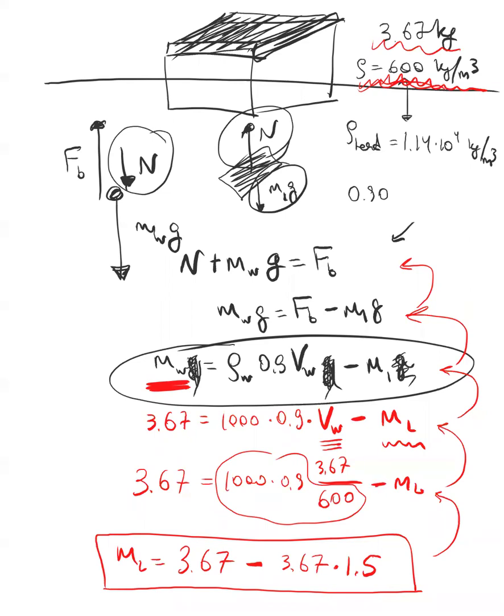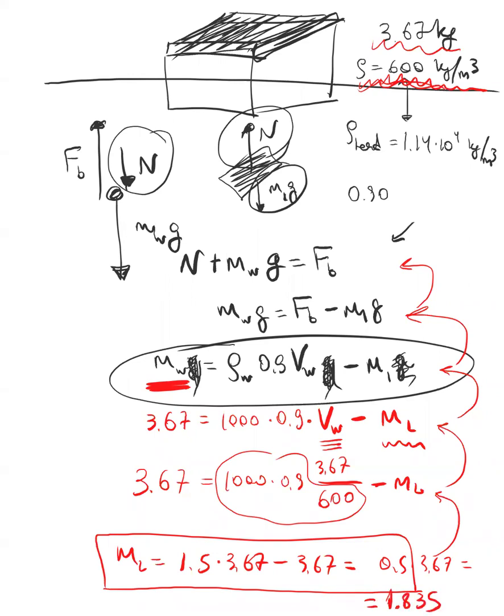And now I will get exactly the same thing, but reversed. If I solve this equation, I will get 1.5 times 3.67 minus 3.67, which is 0.5 times 3.67, which is 1.835.